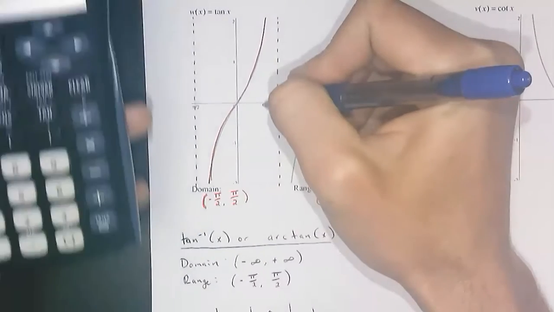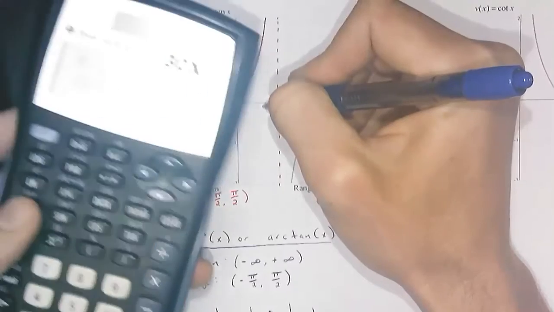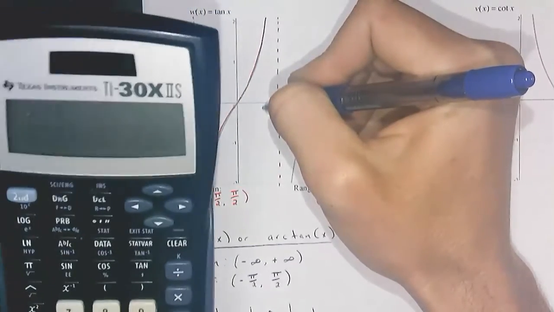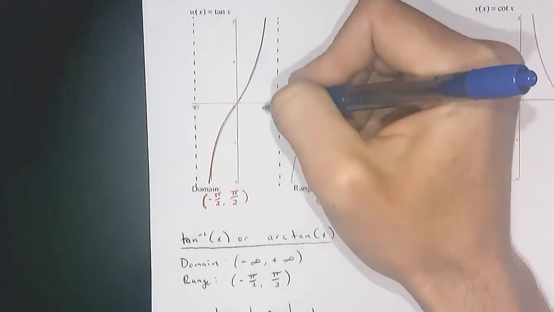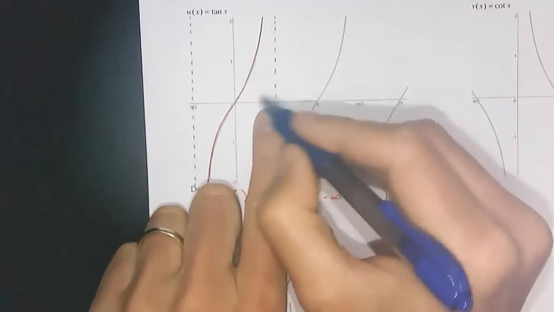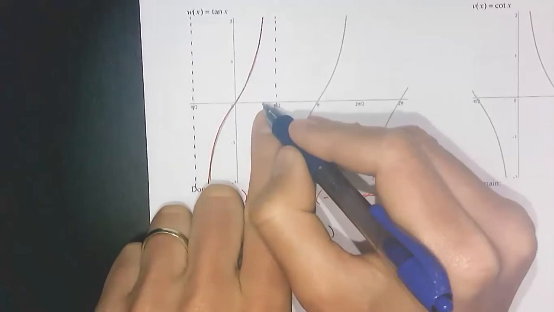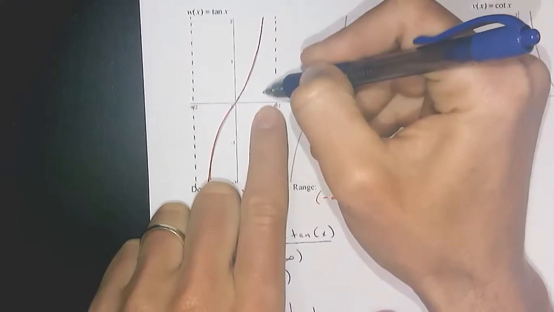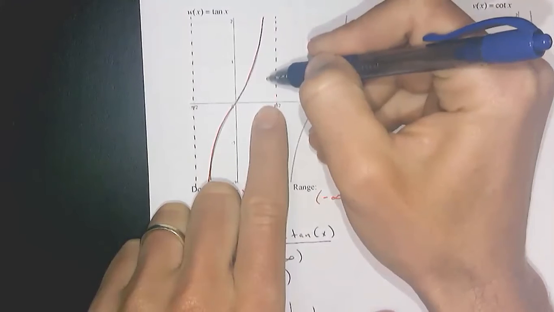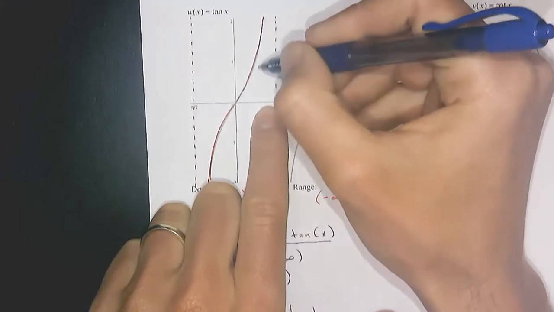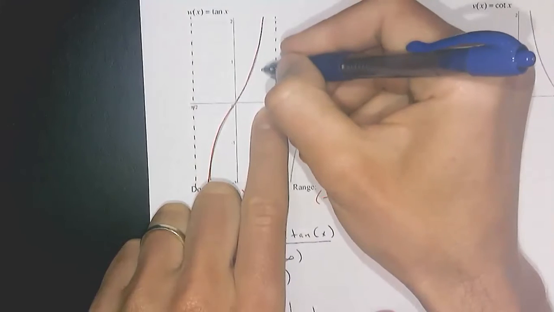Pi over 4, I don't know what that is. Pi divided by 4 is 0.78. So for 1, pi over 4, I'm going to the third tick mark on the x-axis, and then up to just past the third tick mark on the y-axis.